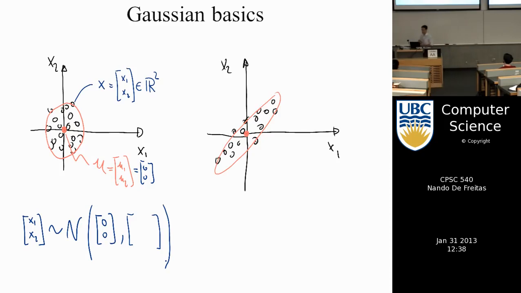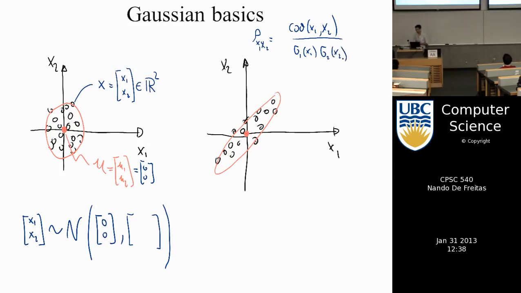So in particular, there is a variable called correlation, sigma xy or x1, x2, which is just the covariance of x1 and x2 divided by the standard deviation of x1 times the standard deviation of x2.